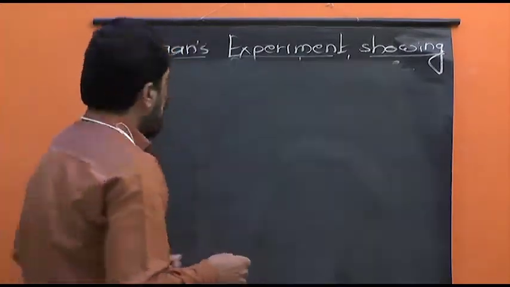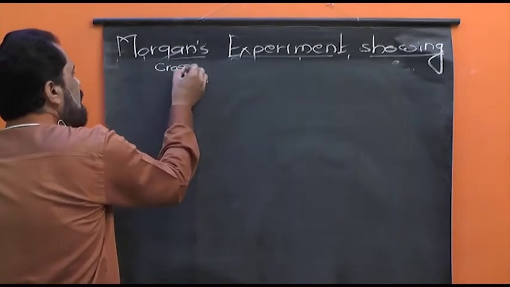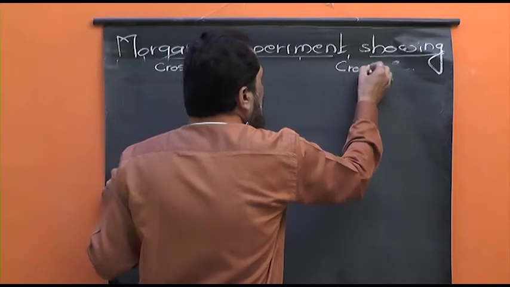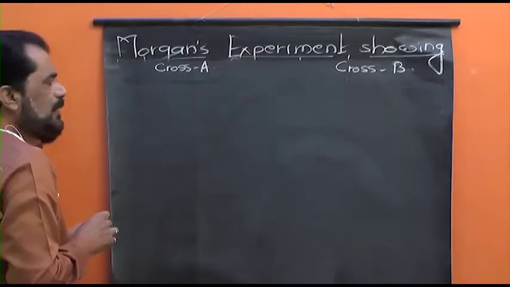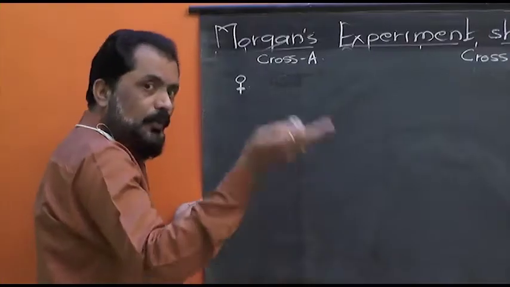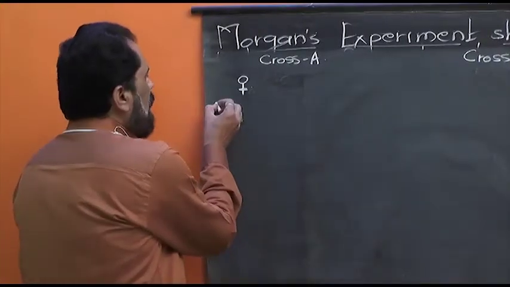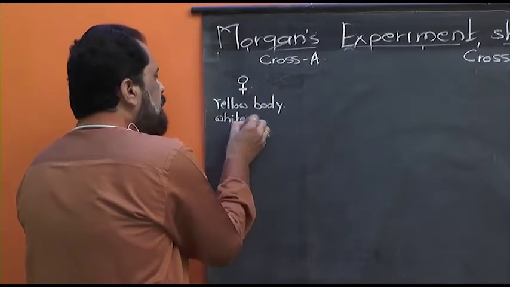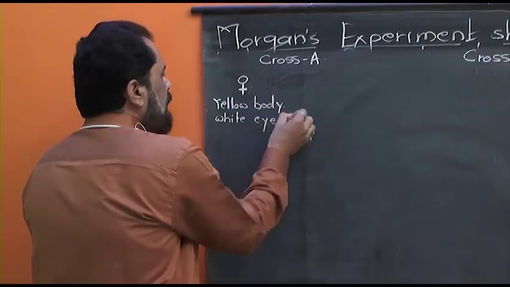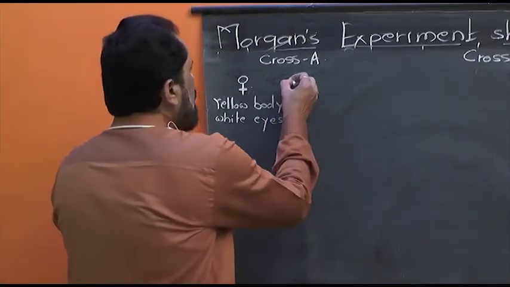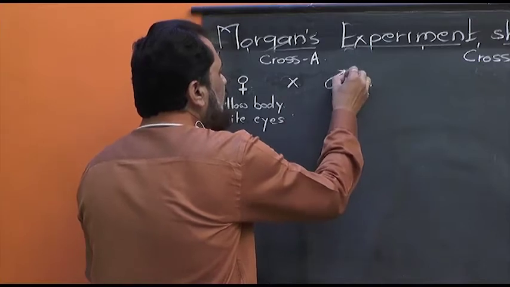Listen very carefully. Here first of all let us consider the cross A and cross B. In cross A, Morgan crossed double homozygous recessive female with yellow body and white eyes, yellow body and white eyes, with wild male.